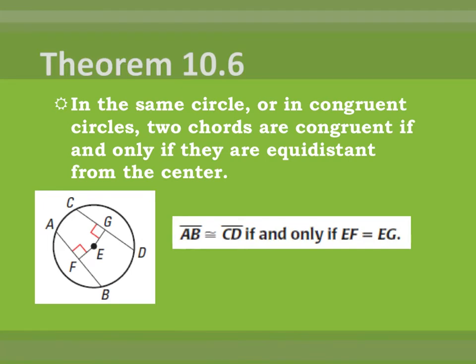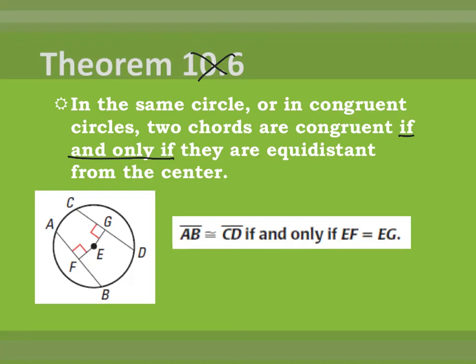Next, another theorem. In the same circle or in congruent circles, two chords are congruent if and only if they are equidistant from the center. So again, we could reverse this.